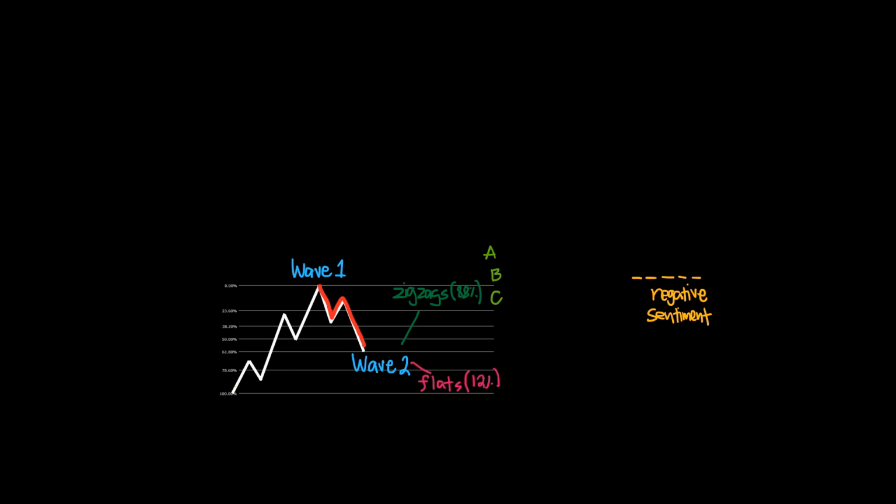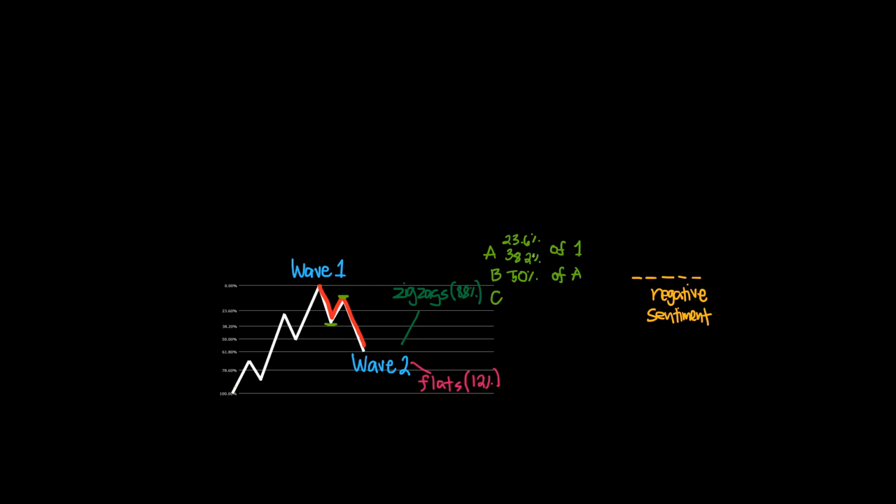Now, it's important to note that inside this 3-wave structure, the wave A of the zigzag will first retrace to the 23.6% or 38.2% Fib support. And then after that, you will have a B wave counter rally that will retrace at least 50% of the previous A wave in the zigzag.